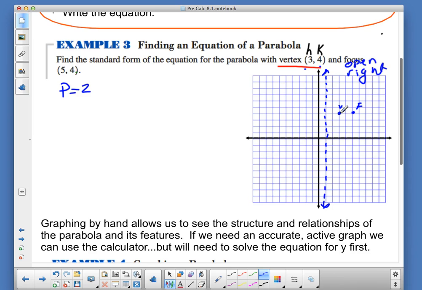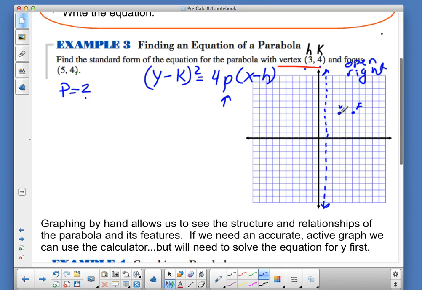But since it's open right, I know 4p, I've got (y minus k) squared equals 4p times (x minus h). That's the general form that I'm going to be working with today. Questions so far? Yes? How'd you get p? That's the general form of my parabola, standard form when I've got h and k.